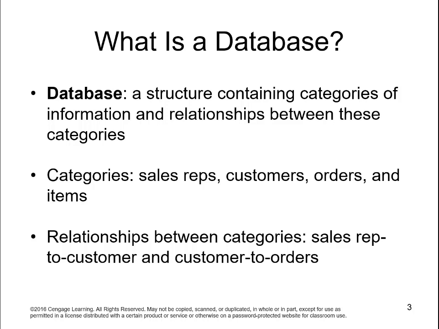It's a bunch of tables, but the important piece is the relationships between the tables. If you have a bunch of tables all over the place that don't have any relationship, then you don't have a database. You just have a gathering of tables, and because there's no real relationship, it doesn't mean anything. A database starts to form when the relationship between the categories makes something meaningful.